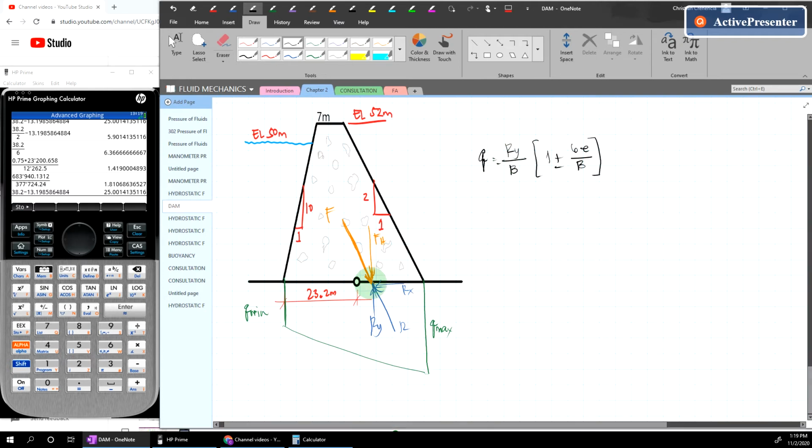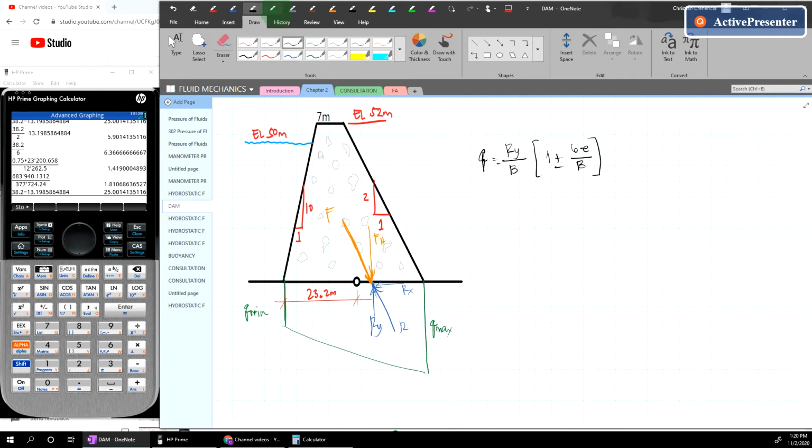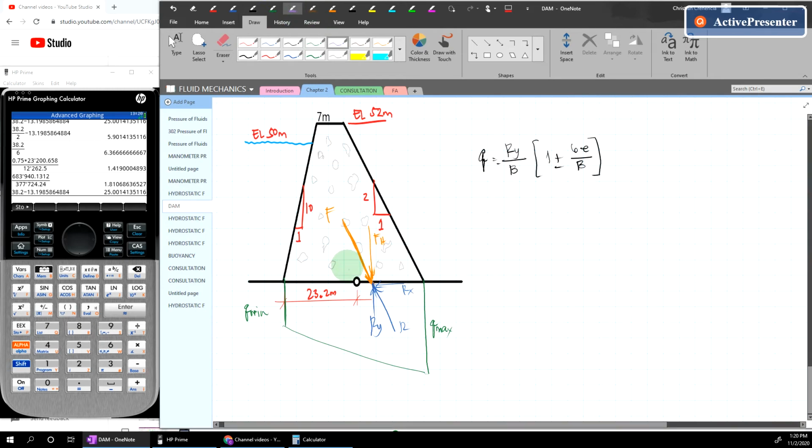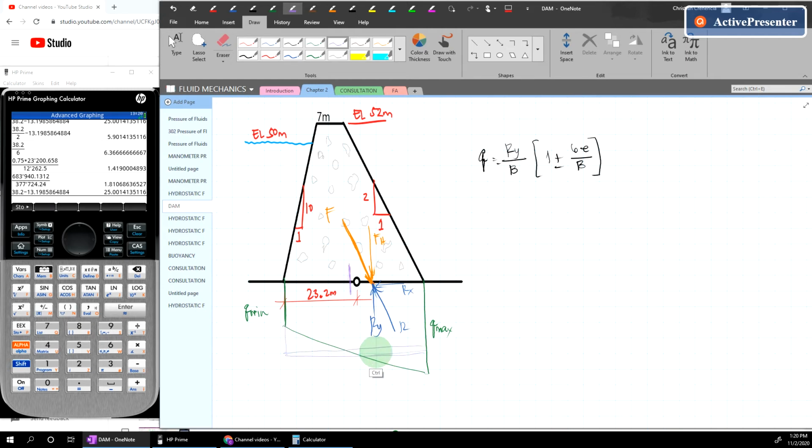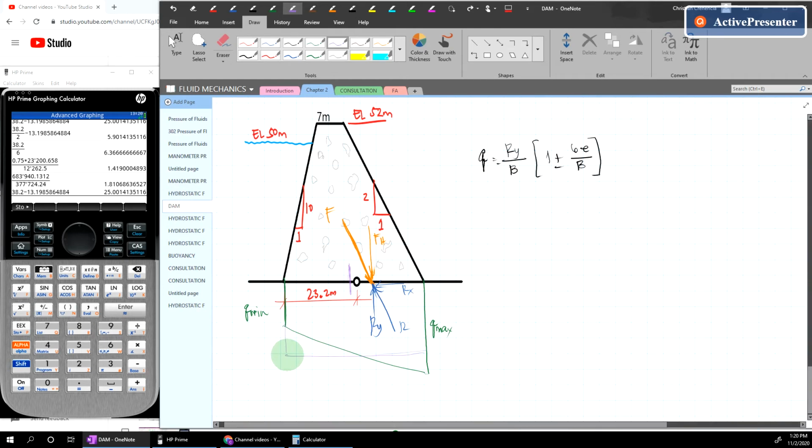Hindi naman kailangan i-consider lagi yung negative sign pagka compression. So, importante lang alam natin kung mag-a-add ba yung pressure or magsusubtract. So, kung ito kasing resultant force natin is nag-a-act dito sa pinakagitna, then yung pressure natin will be uniform. So, parang ganito. Okay? But since meron nga tayong eccentricity, so, madadagdagan and mababawasan yung ating pressure.